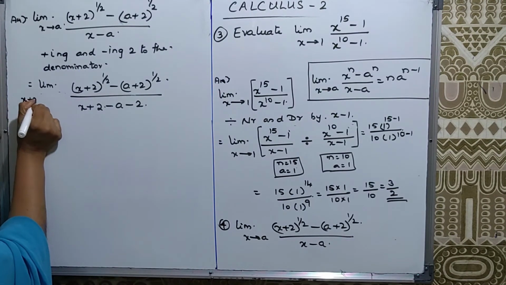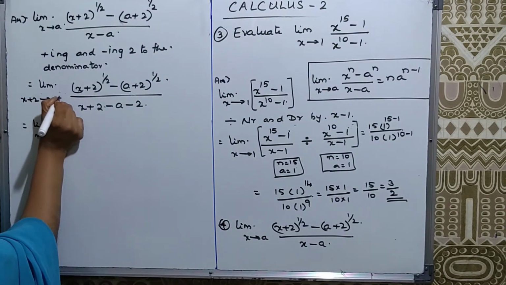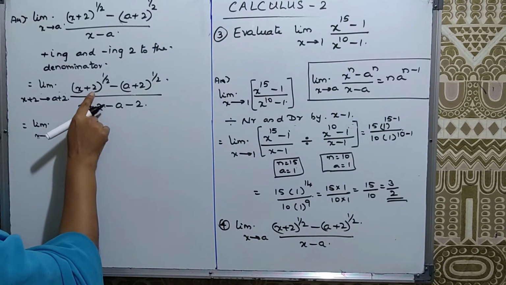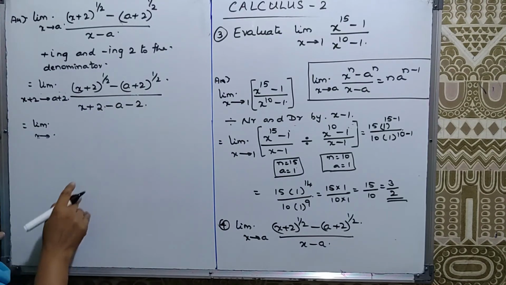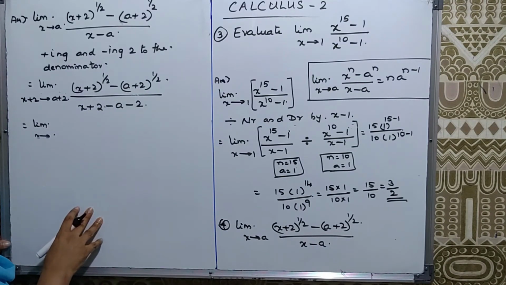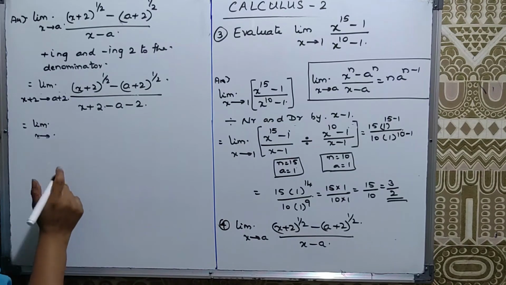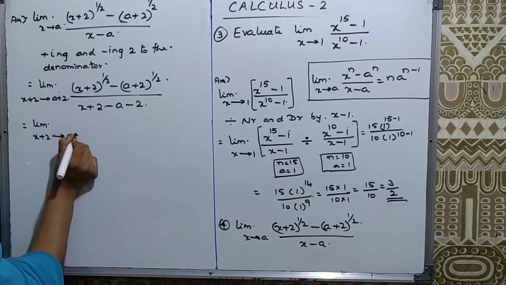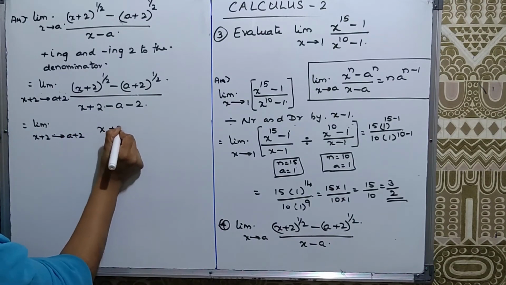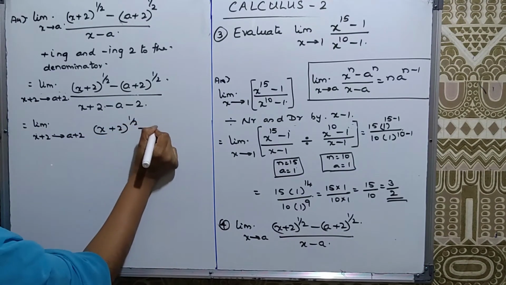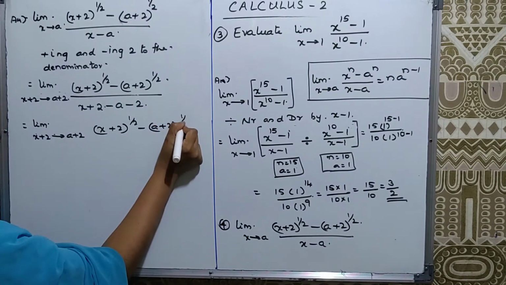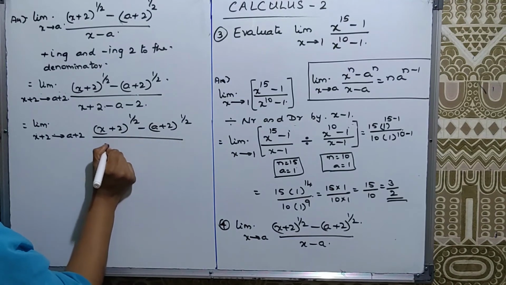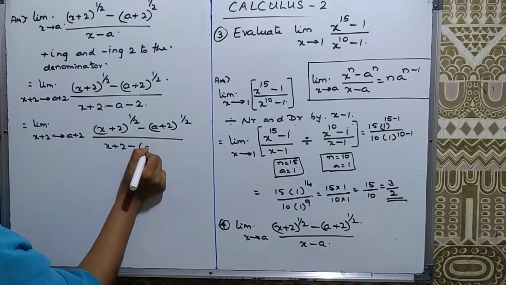X plus 2 tends to a plus 2, because I added and subtracted 2 to the denominator and I am changing it into the standard form, x raised to n minus a raised to n by x minus a equals n a raised to n minus 1. So it will be x plus 2 raised to half minus a plus 2 raised to half divided by x plus 2 minus a plus 2.